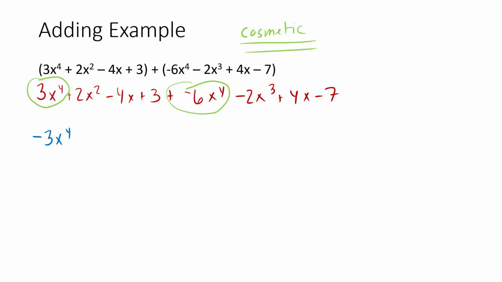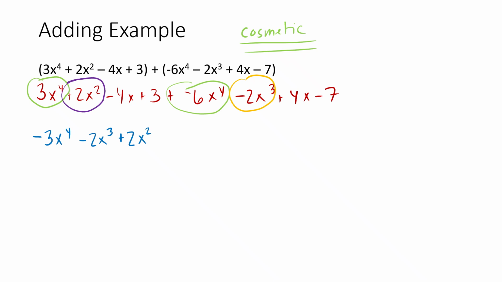And then I might go and find another color. And now I'm going to find the x to the thirds. Well, I only have one of those. And so I'll have minus 2x to the third. And now I'll find my x squareds, and there they are. And there's nothing to combine that with either, so that just comes down. That's plus 2x squared.